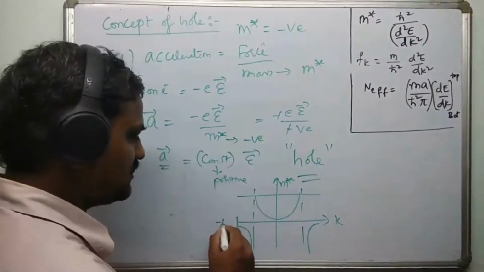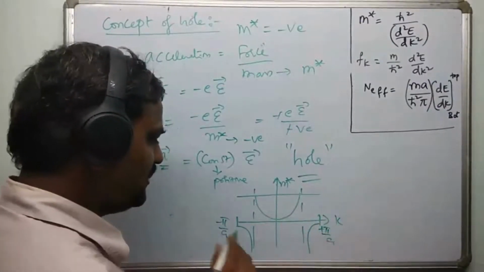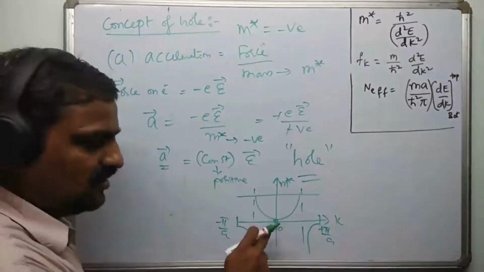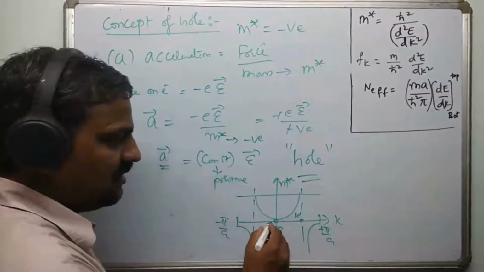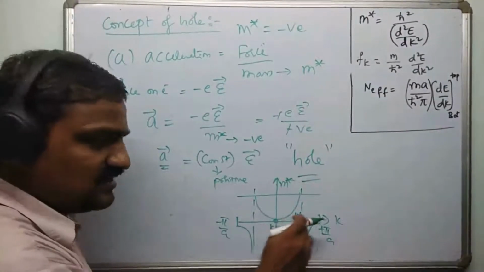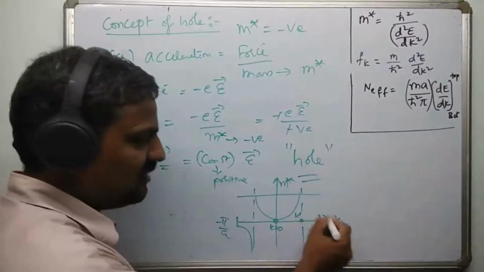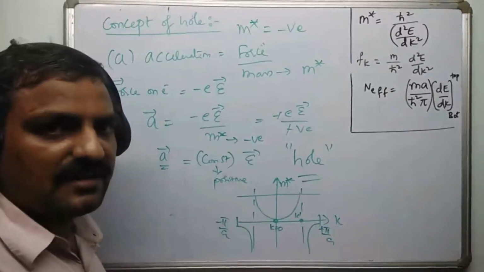It's actually minus pi by a, and this is going to be plus pi by a. So for k values from k equal to 0, I'll take this as 0, though it need not be 0, up to some point, let's say k dash, all these electrons with these k's will behave like normal electrons. But the electrons with k values greater than this and less than pi by a are going to behave like holes.